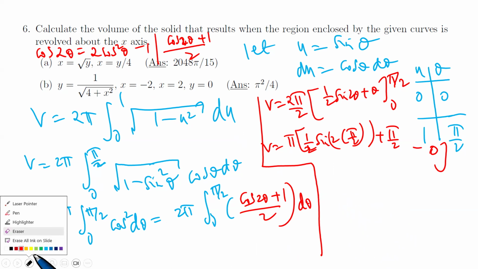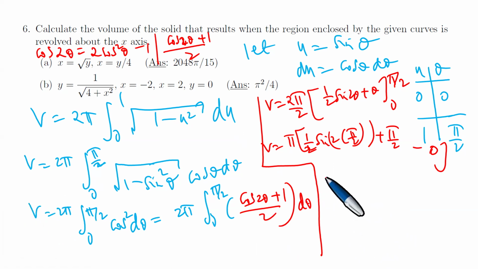Now we just want to compare the methods here, the cylindrical shell method, because you've already got the answer. Now this one is pi over 2 and there's another pi over 2. The sine of pi is 0. Remember that I need to write things properly.